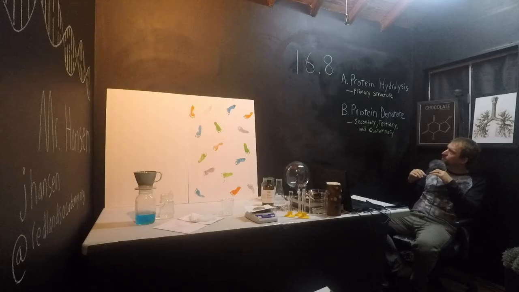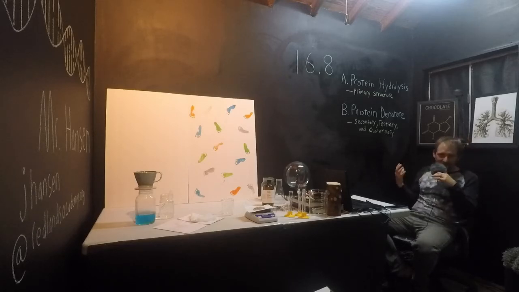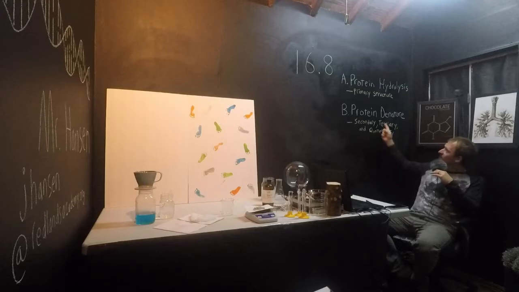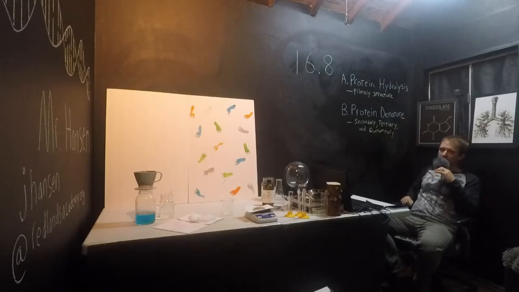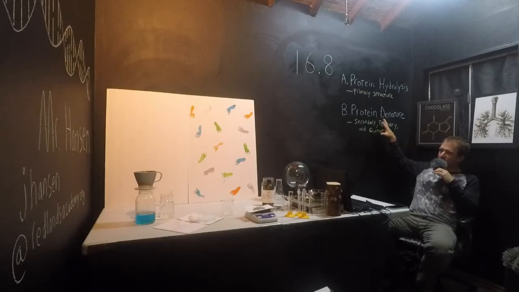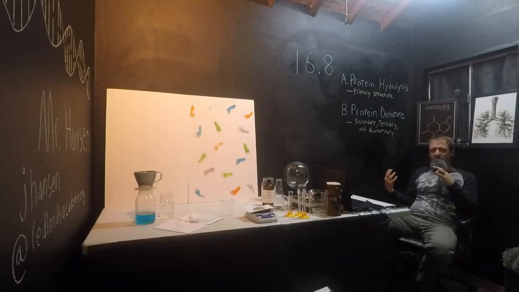So if you mess any of that up, then you are going to denature the protein and affect the secondary, tertiary, and quaternary structures. Anything that you're doing at this level is secondary, tertiary, and quaternary. You're messing up the shape. But the polypeptide is still intact. All the amino acids are still connected to each other via peptide bonds.